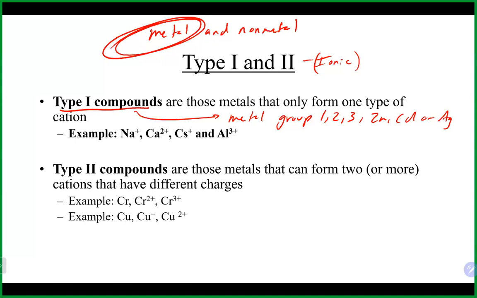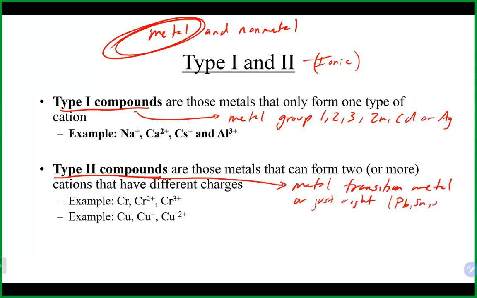And the deal with our type 2 compounds is our metal, again, is our transition metals, except for obviously zinc, cadmium, or silver, or just to the right, where we've got things like lead, tin, etc. in that area. And the difference here is they can have a variable positive charge. And that is different than type 1, which has a fixed positive charge.